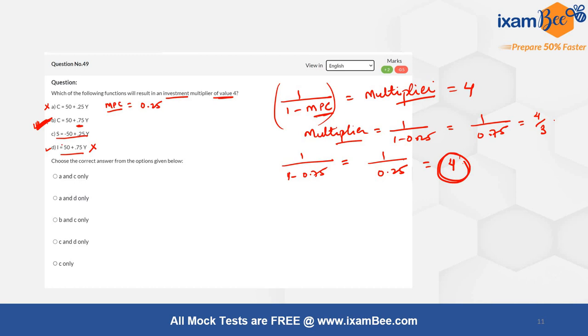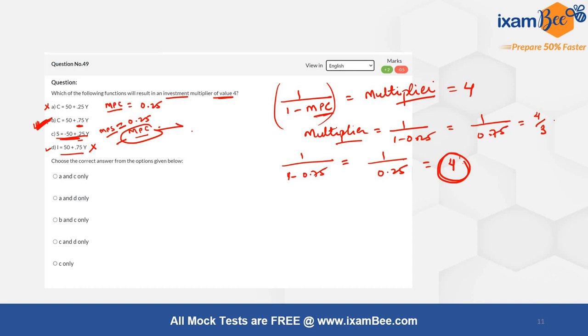Here, many of you might think that only B is correct, so then these options maybe are incorrect. No, but here you are given the savings function. So from the savings function also you can get the marginal propensity to consume, because from the savings function we know that the marginal propensity to save is given to be 0.25, right? And the sum of marginal propensity to save and marginal propensity to consume is 1.